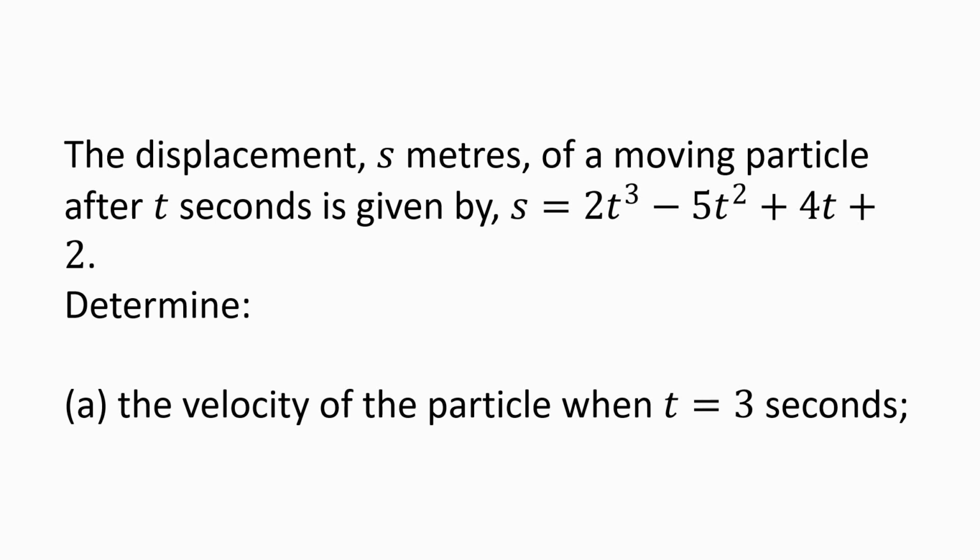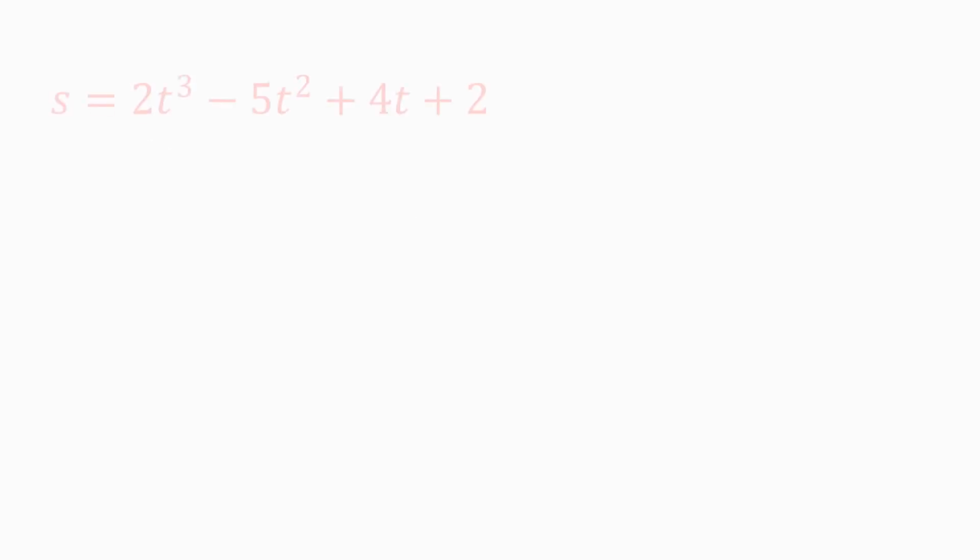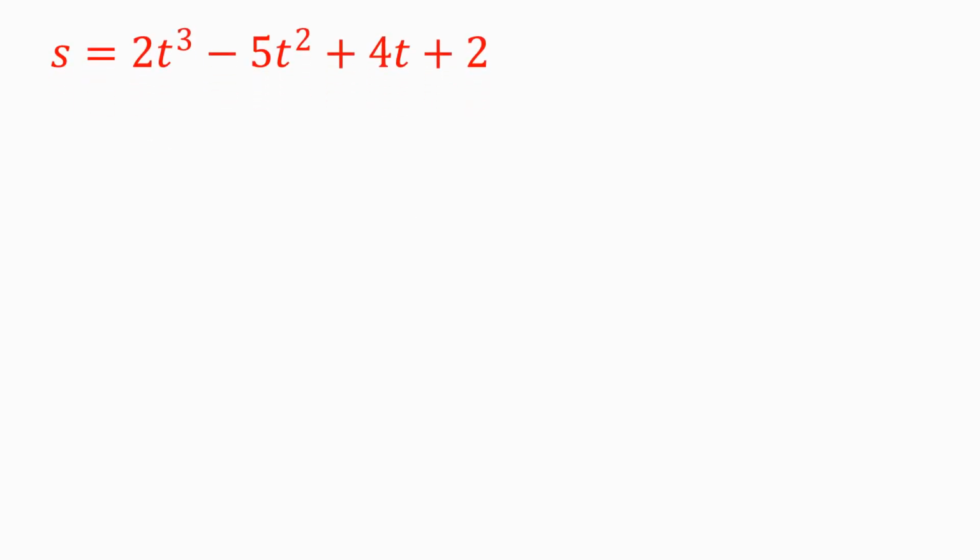So the first step is to find the velocity equation. Since we have the displacement equation, to obtain the velocity equation you should differentiate. So we have s is equal to 2t cubed minus 5t squared plus 4t plus 2.